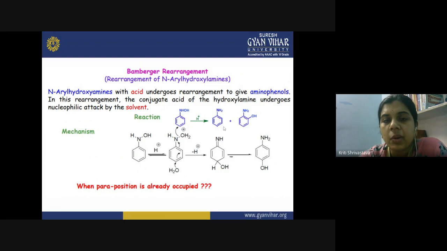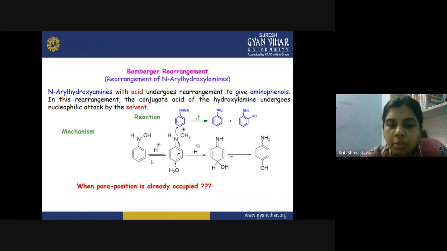This is aminophenol, and in this rearrangement, the conjugate acid of the hydroxylamine undergoes nucleophilic attack by the solvent. So let us see the mechanism, and this is your N-aryl hydroxylamine. In the solvent, you have protons, and the proton will attack the nitrogen electrons. Finally, when the proton attacks over here, this leads to the development of a positive charge over here, right?